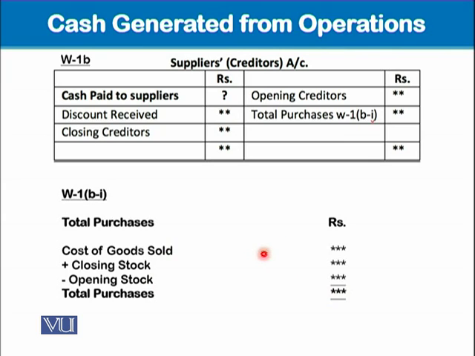Remember that while calculating cost of goods sold, we added opening stock to purchases and subtracted closing stock to get cost of goods sold. Now it is reverse working. We are working back from cost of goods sold to total purchases. It's not that difficult. Just learn this formula: cost of goods sold plus closing stock minus opening stock gives total purchases, which is in fact cash plus credit purchases. This is placed over here, and the rest of the things we have discussed to calculate the balancing figure of cash paid to suppliers.